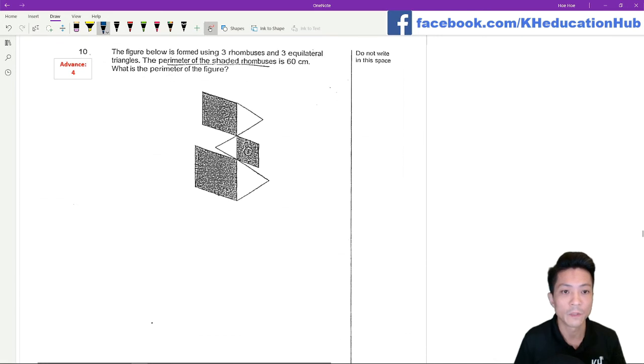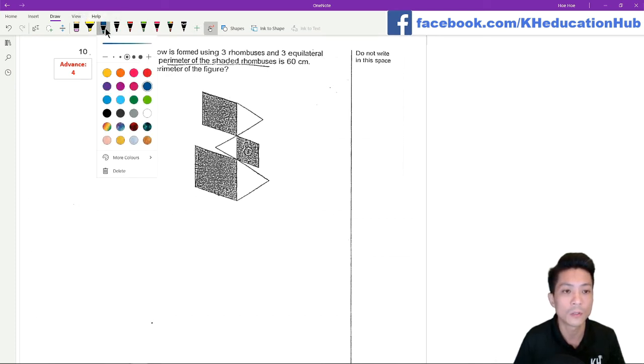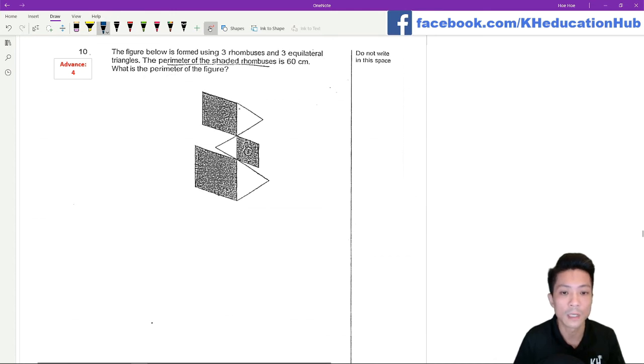Question 10. The figure below is formed using 3 rhombuses and 3 equilateral triangles. The perimeter of the shaded rhombuses is 60 cm. What is the perimeter of the figure? Let me draw this line over here to highlight the perimeter of the shaded figure. So it consists of this blue line, which is the same as these 3 red lines over here.